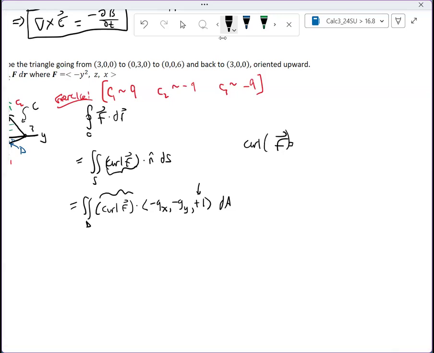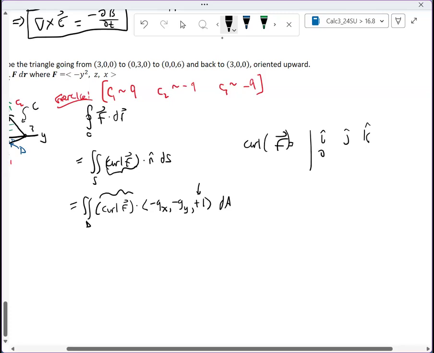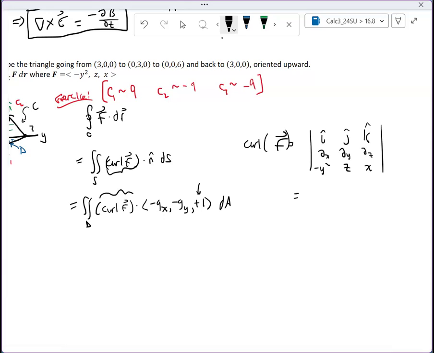Curl of F is the determinant with i, j, k, the x, y and z partials, and -y², z, and x. So again, we have i times the y partial of x minus the z partial of z, that's 0 minus 1, which is -1.